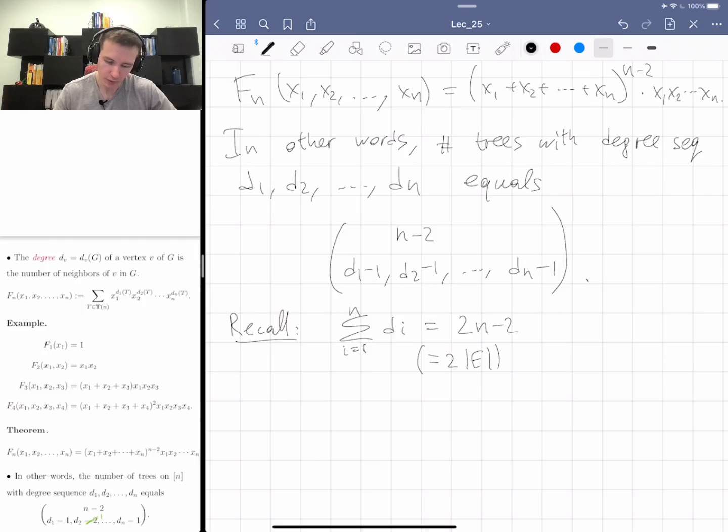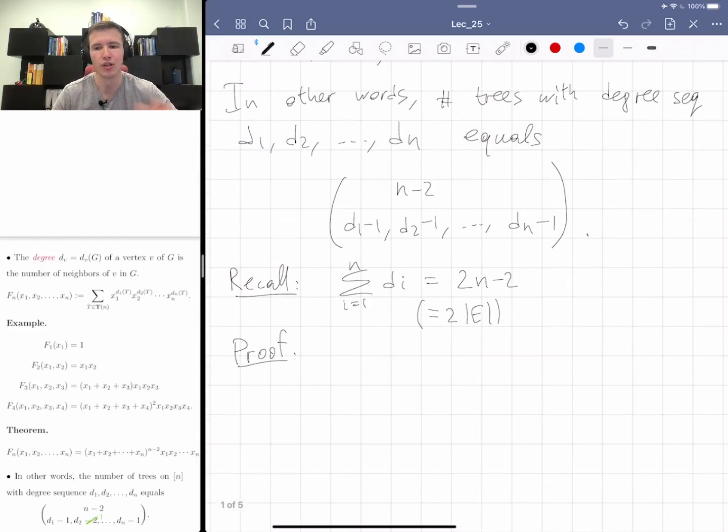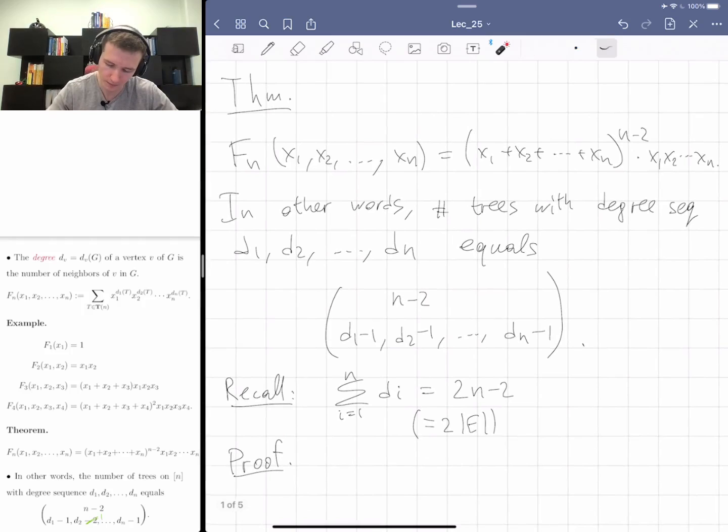So I'm going to prove it. Let's prove the theorem, and the proof we previously had is not going to work here. I'm going to slowly go through at least 3 different proofs of the Cayley formula. So this is the second one, which has the advantage of generalizing the result to this multivariate version.